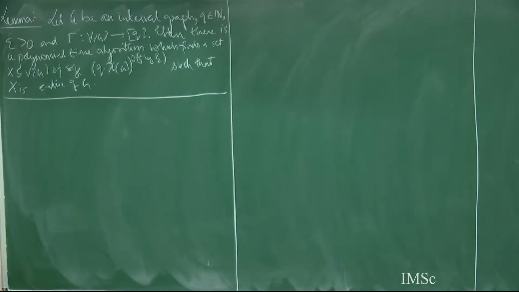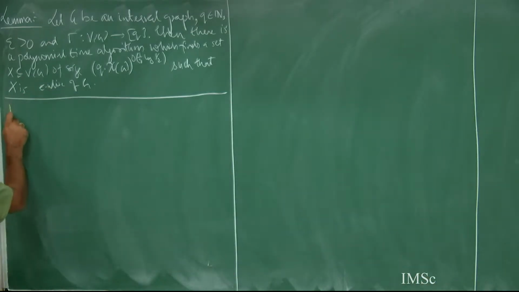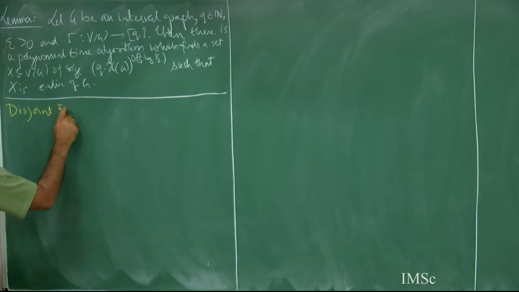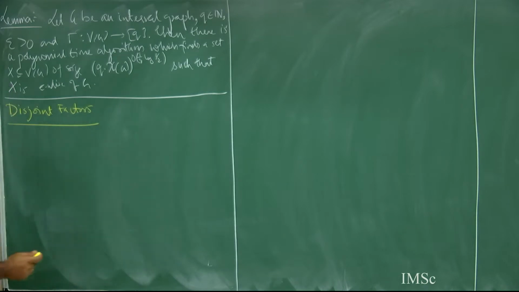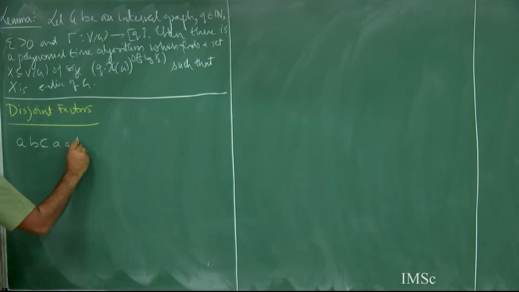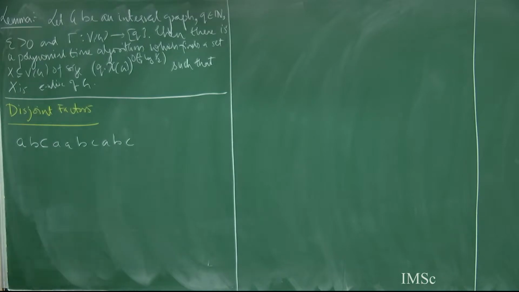So one problem which has been quite central in parameterized complexity and kernelization lower bounds is called disjoint factors. Let me first define what disjoint factors are. Suppose you are given a string. Now what are factors?